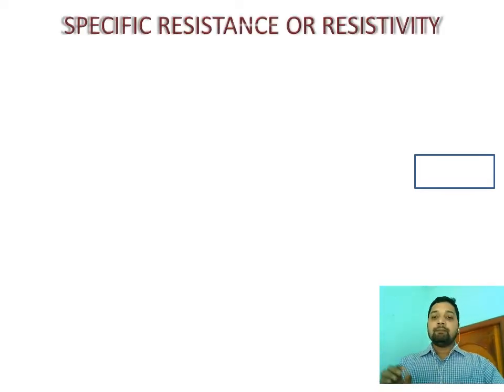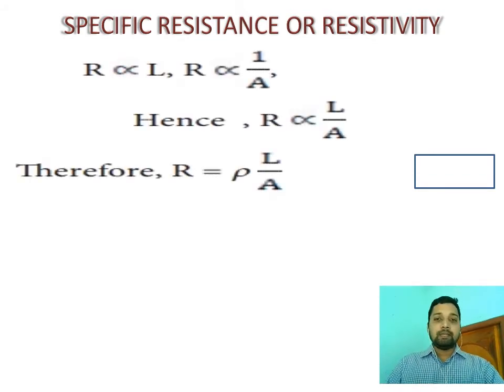Next, here you can see the relationship between resistance, length, area and temperature, where we get one constant which is called specific resistance or resistivity. R, or resistance, is directly proportional to length.